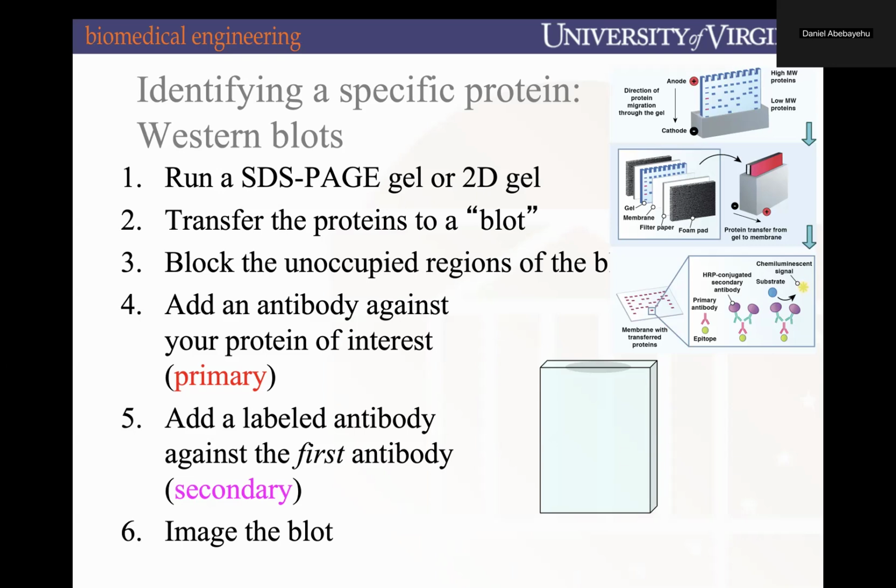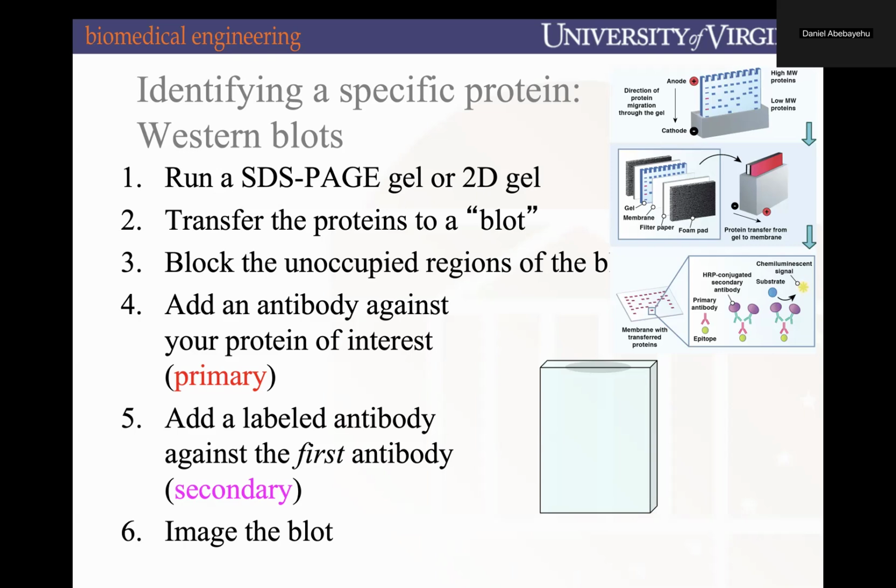So we talked about gel electrophoresis, where we're able to separate proteins either by their mass or by their charge, or in the case of a 2D gel, separate them by their charge and then by their mass. In the gel, oftentimes a polyacrylamide gel, these proteins can be stained to look at total protein content.